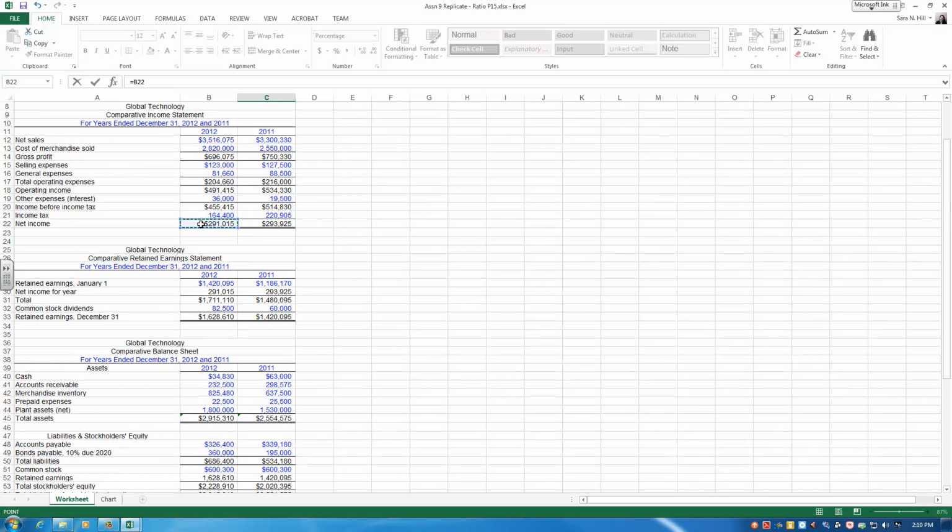Back up to B22 plus our interest expense, right here, other expense interest, B19. Now this is what we want in our numerator, and since we've got 2 cells here, we're going to have to go ahead and put these in parentheses so they stick together and calculate first before we go ahead and divide by our average assets.